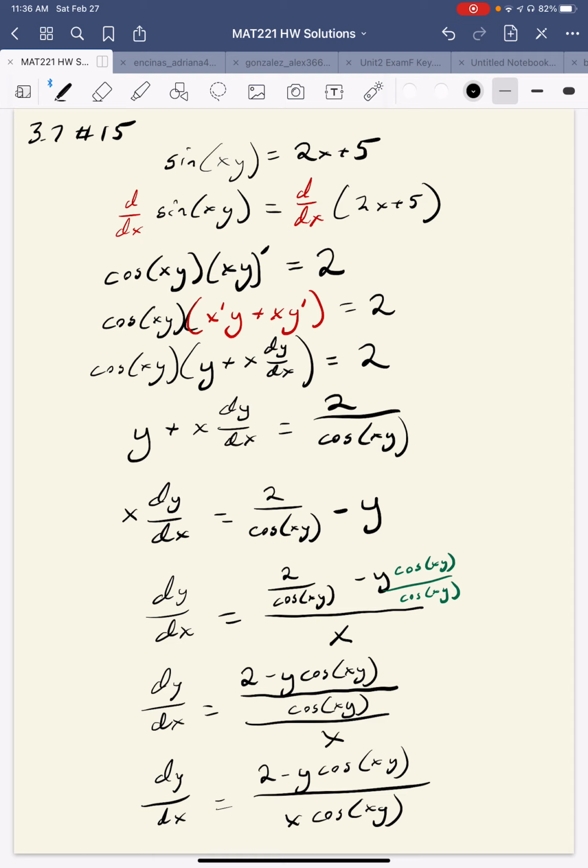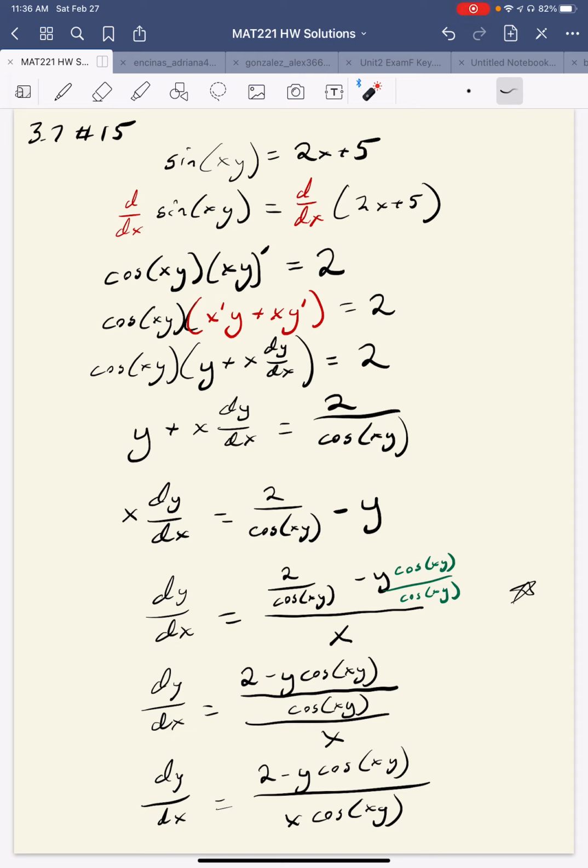Now, I would have been fine if you would have left it back at this step before we multiplied in this cosine xy over cosine xy to find the common denominator and combine the fractions.